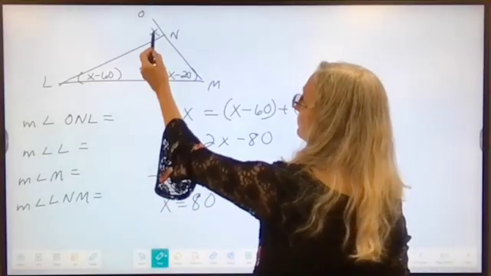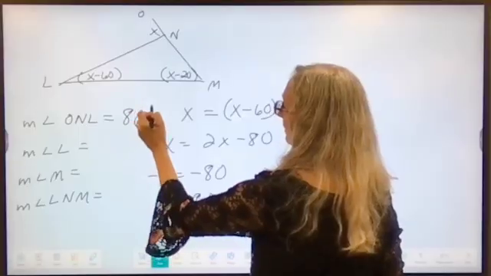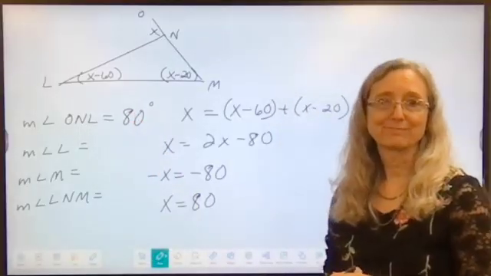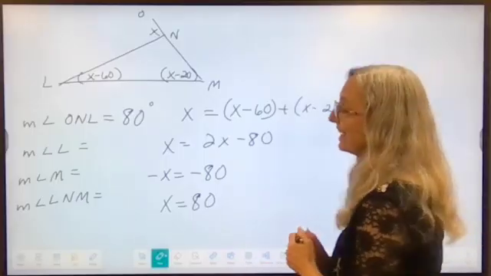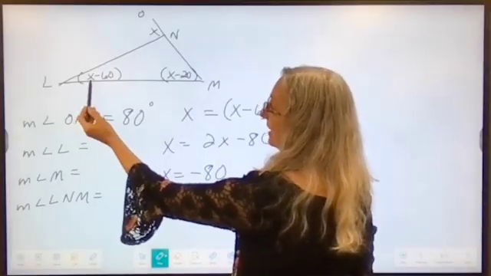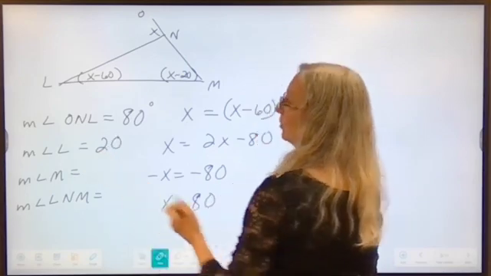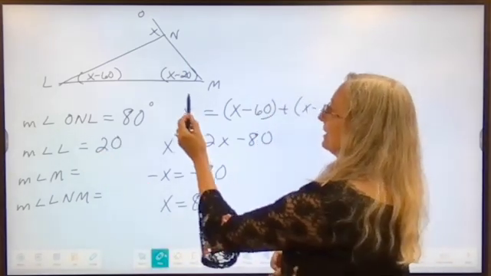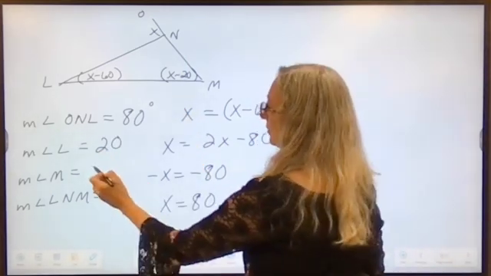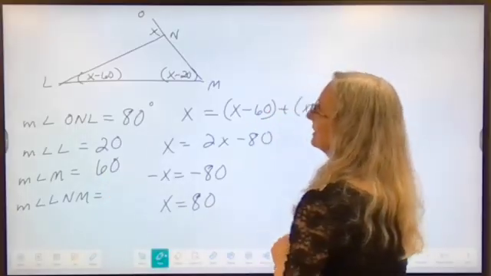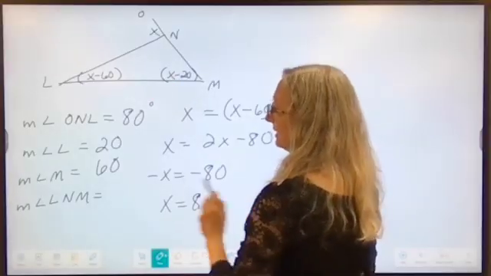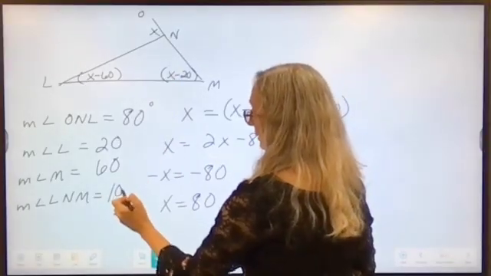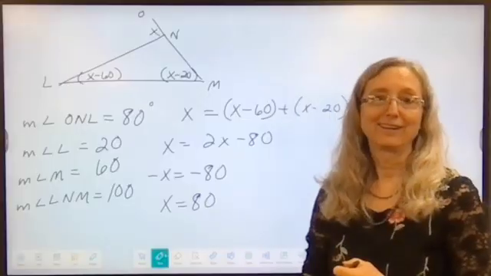So that gives you that exterior angle of 80 degrees. So how did you do with that? Once you know that x is 80, then L is 80 minus 60, or 20, and M is 80 minus 20, or 60, and then these three have to add up to 180, so this angle is 100.